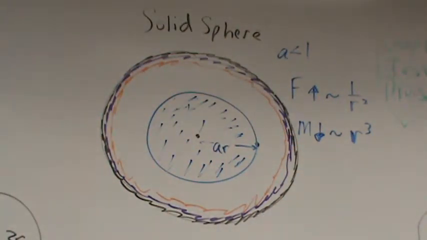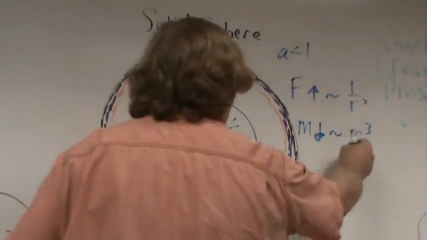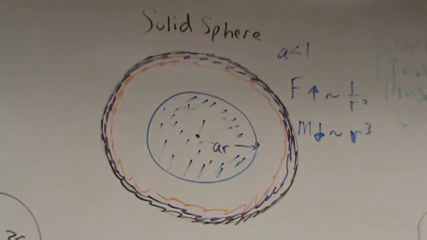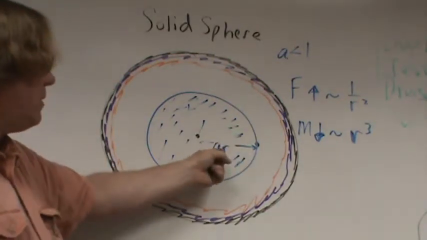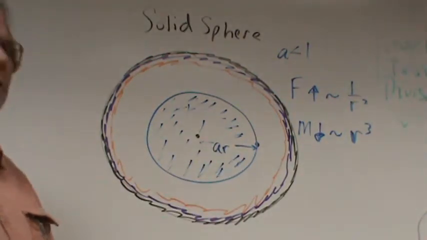Because volume is 4/3 pi r cubed. So if you cut the radius in half, you've cut the volume to 1/8 of what it was, and thus you've cut the mass to 1/8. So because the mass has gone down proportional to the cube of the radius, but the force is going up proportional to 1/r², that means that the net force is going to go down proportional to the radius.